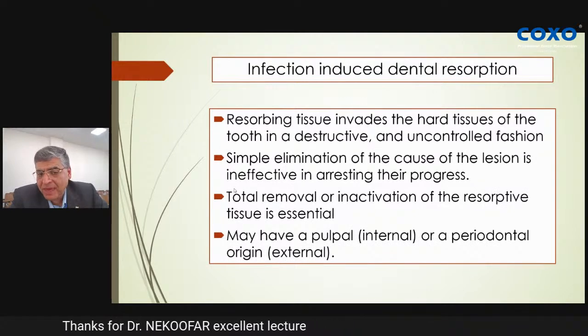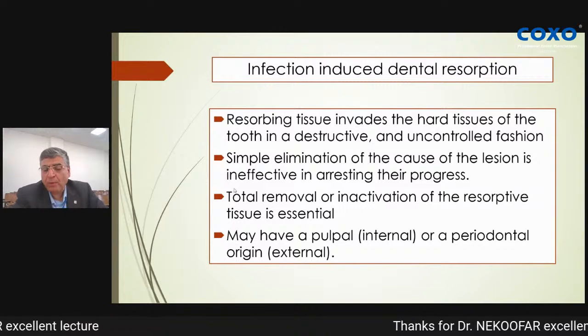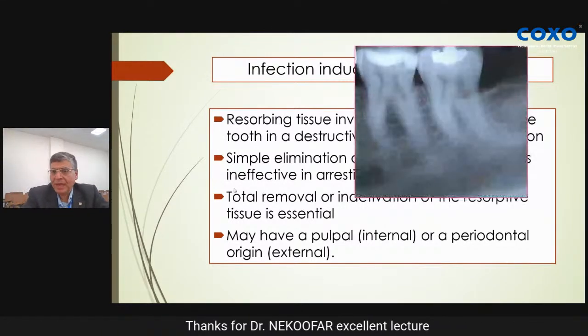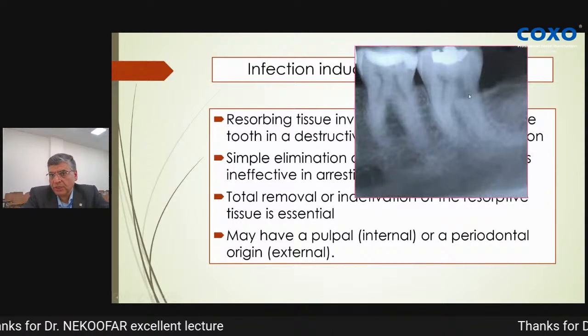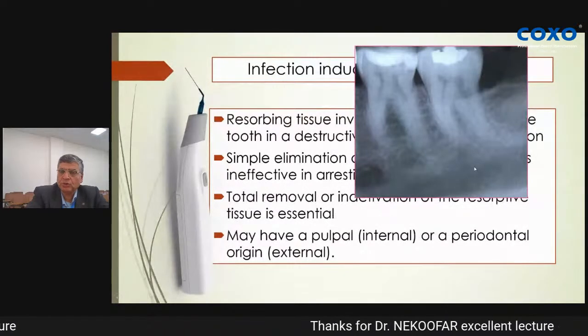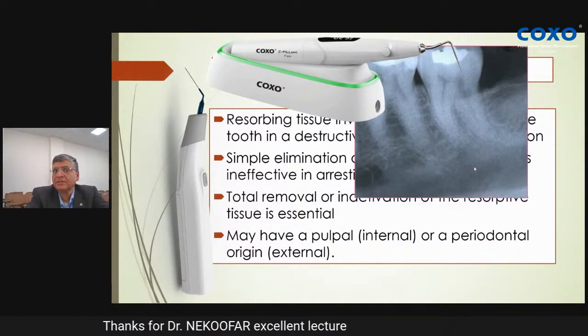Sometimes we may have a pulpal or internal origin or a periodontal origin, and we need to distinguish between these two as well. Have a look at this case, this internal resorption here and some of the apical resorption here. So now it's time to use an activator to make sure that we get rid of everything from the root canal system.